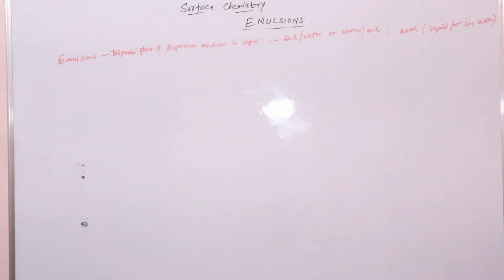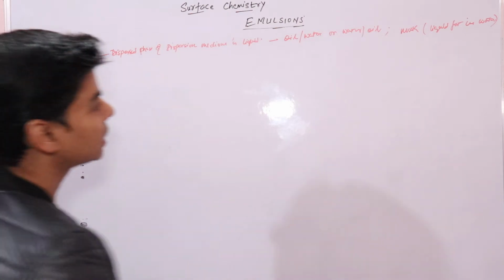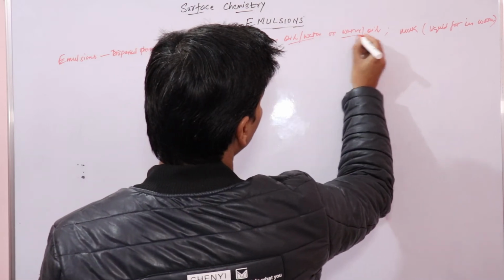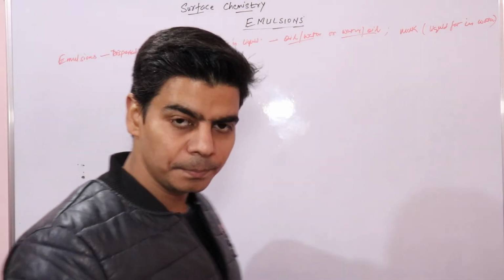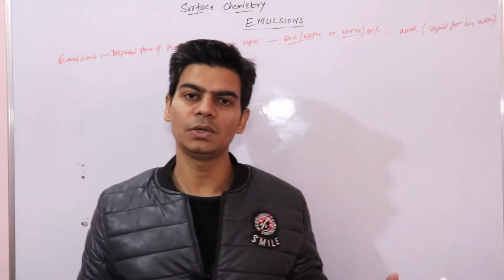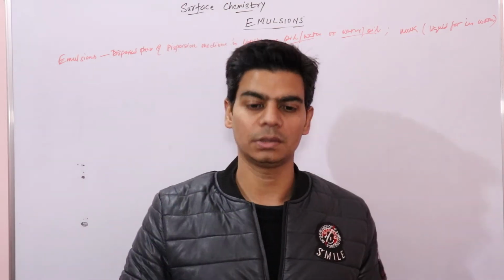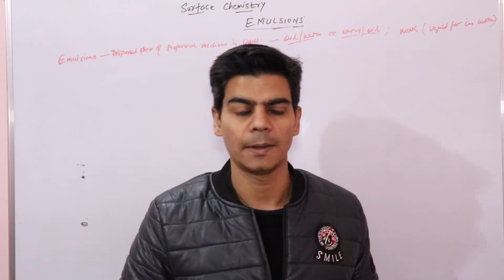Now, one thing about these emulsions is how they are prepared. How do you prepare oil in water, or water in oil? You take oil and then you take water. Normally you know that if you add oil in water, they form separate layers, right?